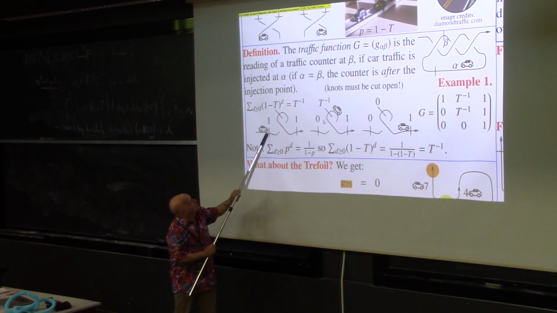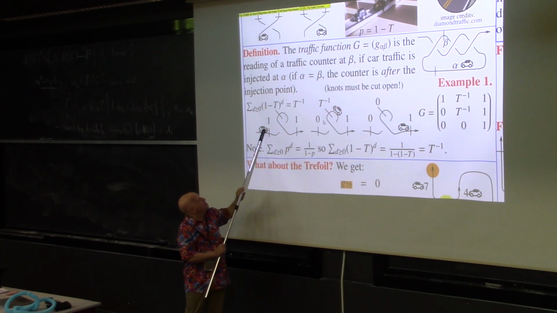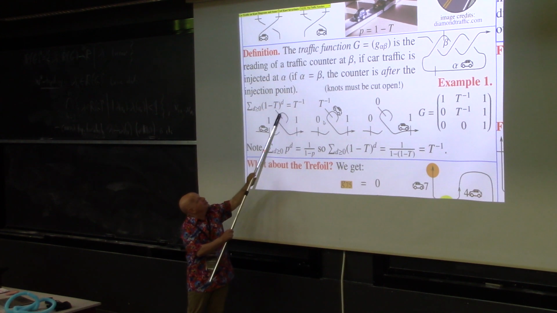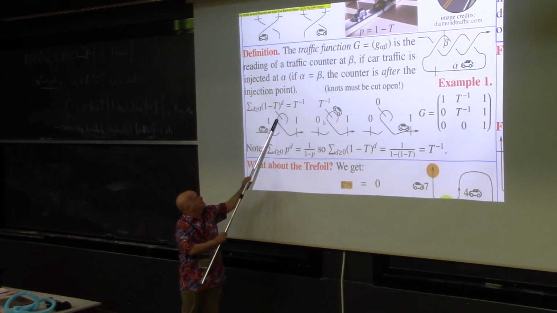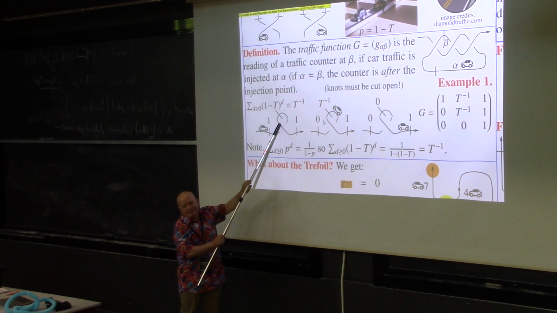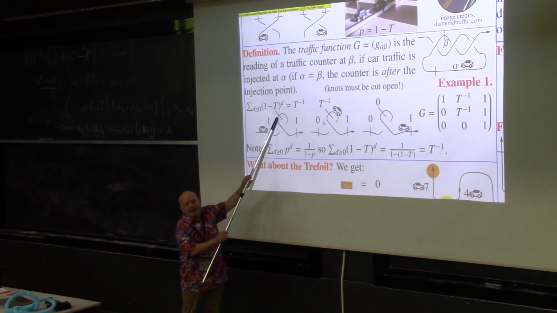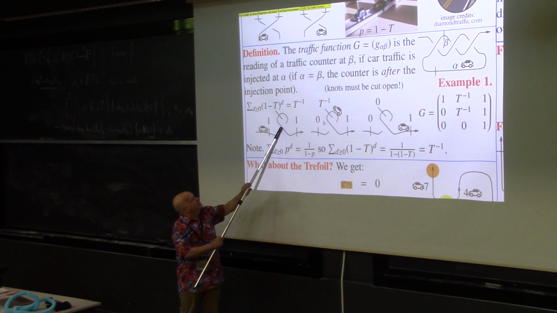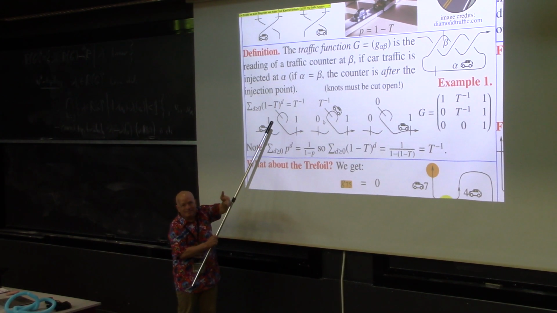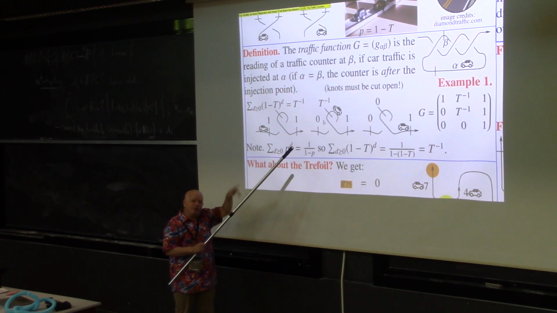So, it will measure 1, because any car entering eventually passes here. But then this car will go here, and with probability P, or 1 minus T, it will drop down and get counted a second time. But then with probability 1 minus T squared, it will drop down 2 times and get counted a third time. And then with probability 1 minus T cubed, it will end up doing 3 loops around.